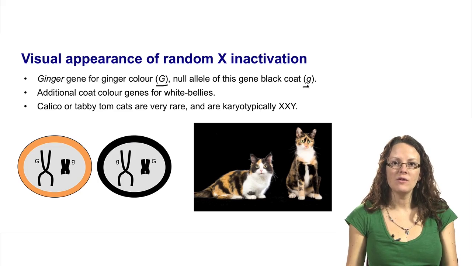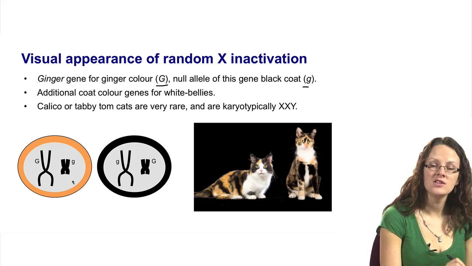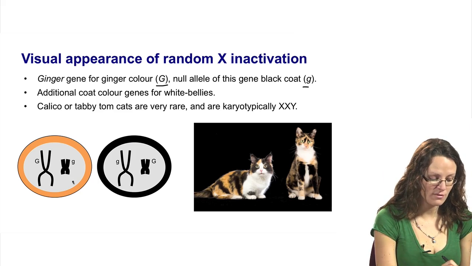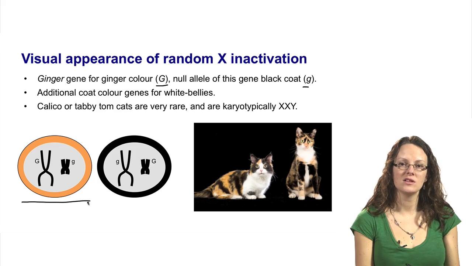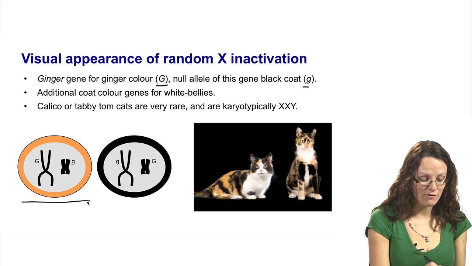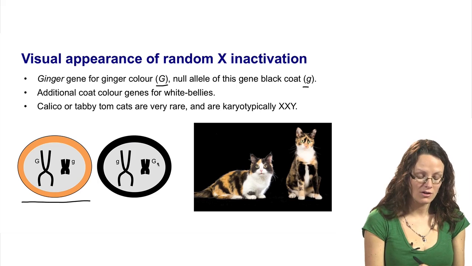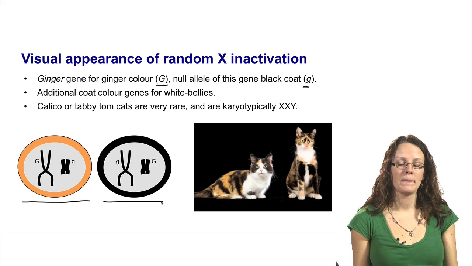However, if we now think that we know there's X inactivation, half of the time the ginger allele will be on the active X chromosome, as shown on the left-hand side here, and so that cell will end up producing ginger pigment. However, for the rest of the time, you'll have the ginger allele on the inactive X chromosome rather than the black allele, and this will result in black pigment being produced.